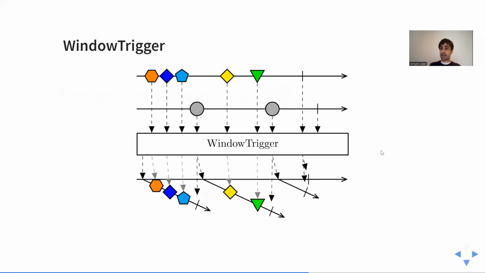There's also the dynamic variant of window trigger, which works exactly the same way as the dynamic variant of buffer. So again, we have data arriving to the window that is being routed to the sequence that is created. And then the second sequence triggers the closing of that window.